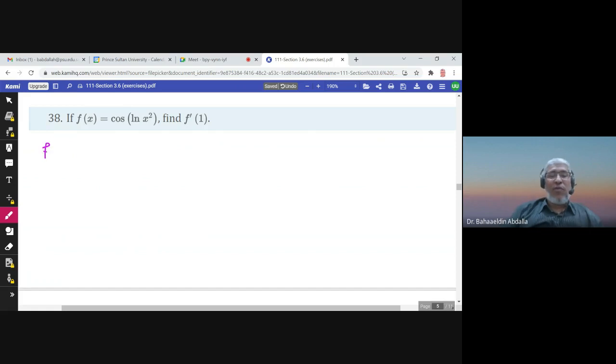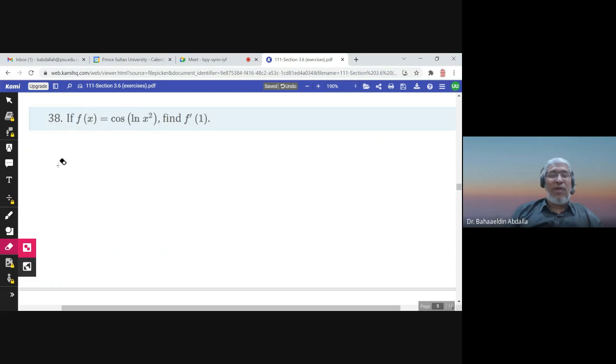Here also, f prime of x, this is a composition. The derivative of the outer function, which is cosine, is negative sine ln x squared times the derivative of the inner function, which is ln x squared. Well, let me first simplify. I can find the derivative, but I like to simplify the ln.